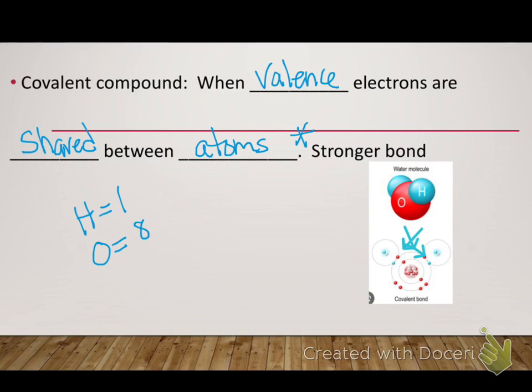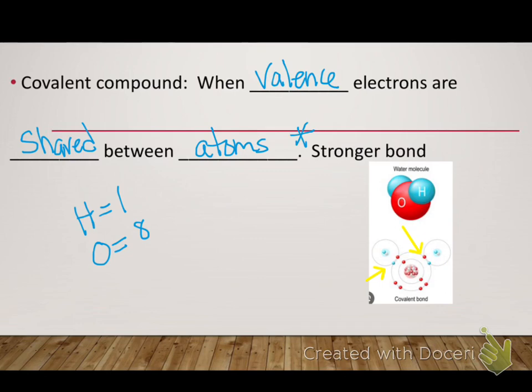If oxygen shares that red one with hydrogen, then that gives hydrogen 2 on its shell and makes hydrogen happy because it's got 2. And if hydrogen shares that one off its shell with oxygen, then it helps fill that shell.